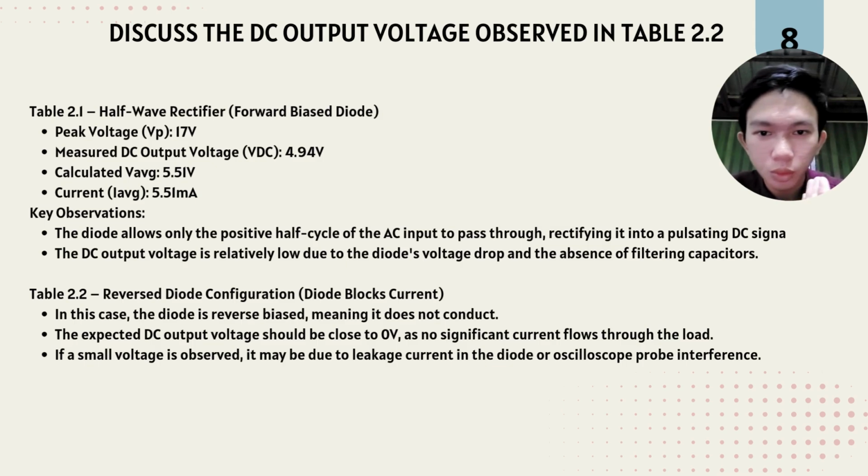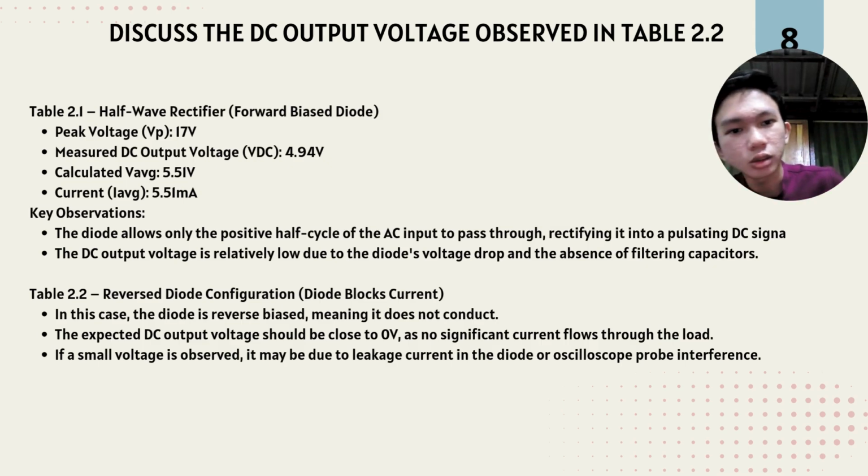The expected DC output voltage should be close to 0 volt as no significant current flows through the load. If a small voltage is observed, it may be due to leakage voltage in the diode or oscilloscope probe interference.